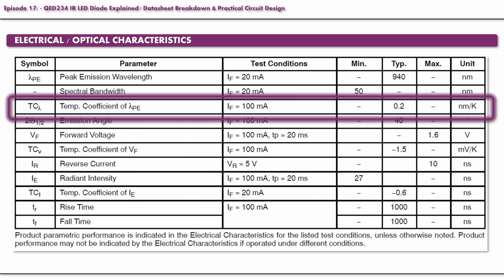Next parameter tells us that under test conditions, as the temperature of the diode increases, the peak emission wavelength shifts toward longer wavelengths, lower energy. This is known as a positive temperature coefficient of wavelength. This means, as our diode heats up, with an increase of diode temperature by 1 Kelvin, the peak wavelength shifts by 0.2 nanometers.